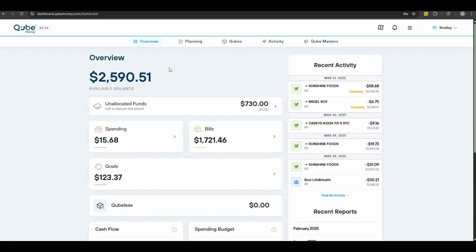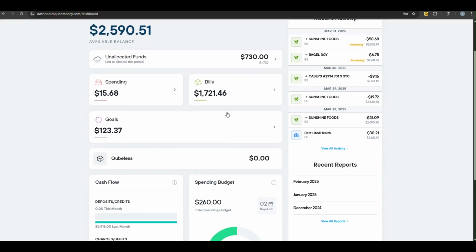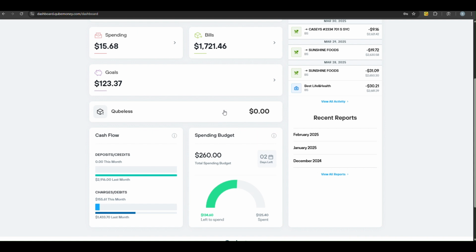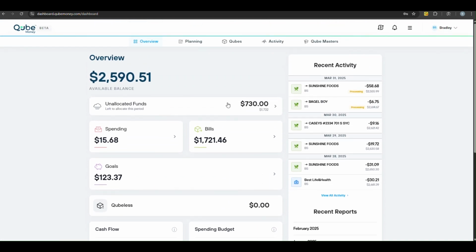So I did take money out of some of the savings, and I moved it over. Since I had the money, I moved it over to unallocated funds, and I'm keeping track of it because I do want to reimburse myself for those savings areas. But I do know now that I always have that 730 available ahead of time. It's always going to be there before the paycheck comes.